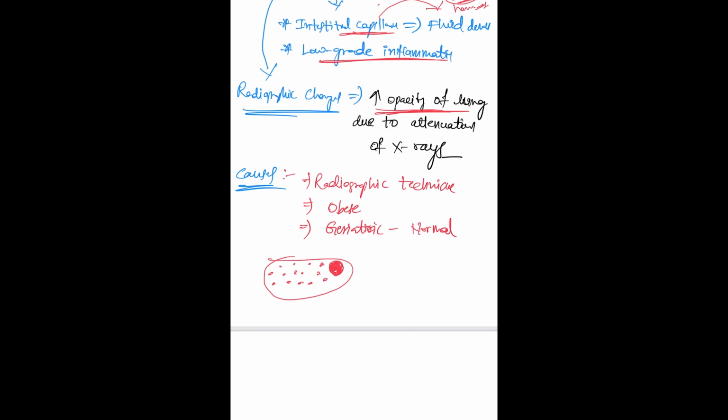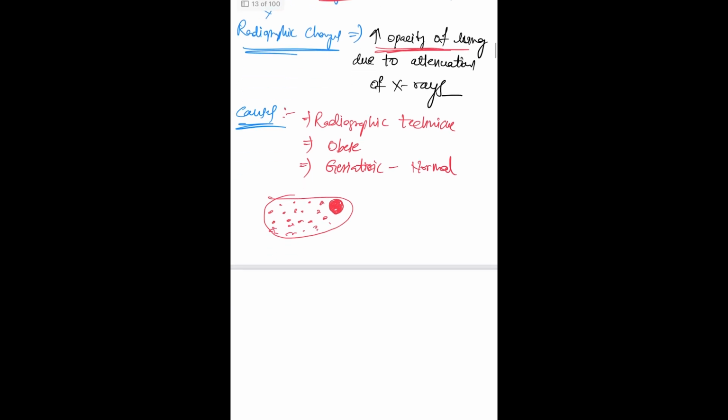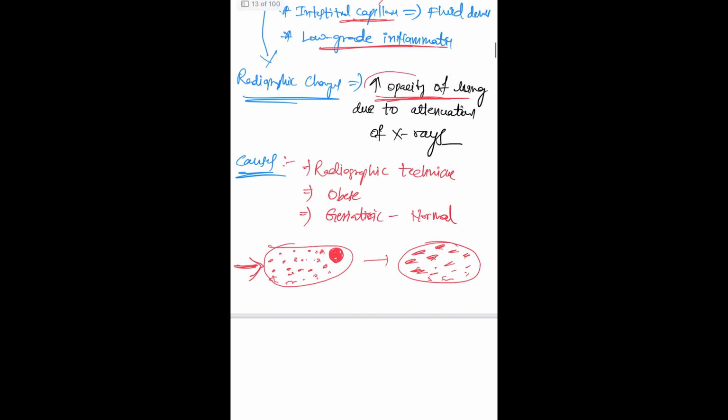So if more areas of damage are there in the lung, obviously when the X-ray falls on this, for convenience I am just drawing the X-rays traveling like this, it will appear as the superimposition of all the small lesion areas. That will be seen as haziness distributed all over the lung. So this unstructured interstitial pattern is manifested in the form of increased opacity of the lung.